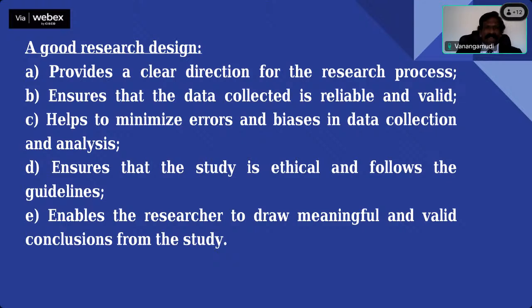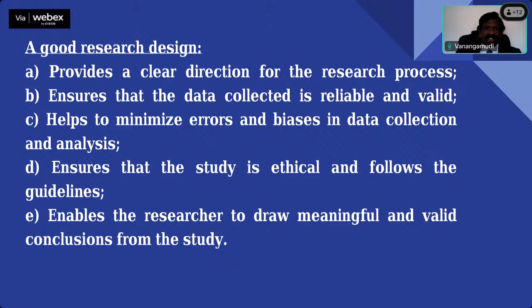The second aspect of a good research design is that it ensures that the data collected is reliable and valid. Reliable data are to be collected, and the data are to be valid data. So a good research design helps you collect reliable and valid data. The third important purpose of a good research design is to minimize errors and bias. Bias is inevitable in socio-legal research, however it is to be minimized.